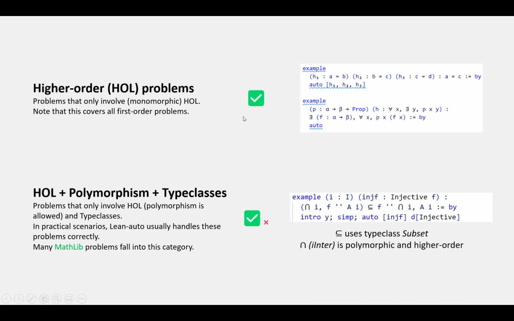If we add polymorphism and type classes to higher order logic, we get a bigger class of problems. And we find out that many mathlib problems will fall into this class. So for this type of problems, Lean-auto usually handles them correctly.